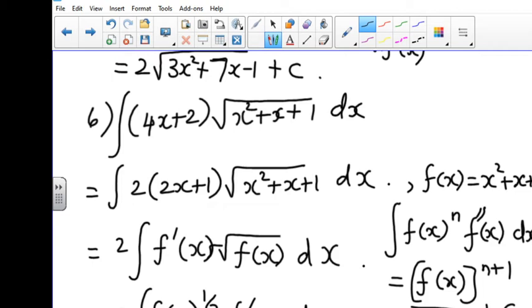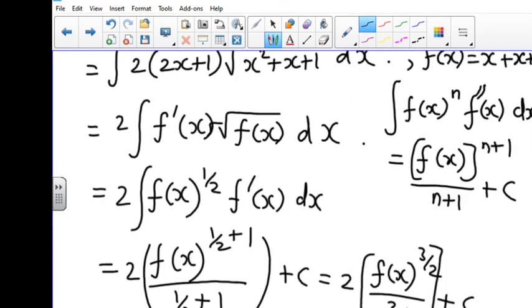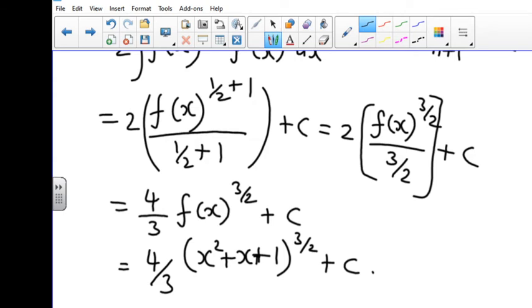This root of f of x can be written as power 1 by 2. Using this formula, it is 1 by 2 plus 1 divided by 1 by 2 plus 1, so it is 3 by 2. Taking the 3 by 2 to the numerator as a reciprocal, we can write it as 4 by 3 f of x whole to the power 3 by 2. Now we can substitute what f of x is. So this is the answer for problem number 6.